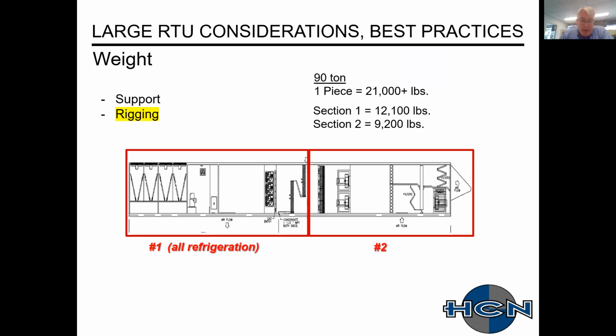The other advantage was that when you split the unit in this configuration, section 1 had all of our refrigerant piping factory installed, so we didn't have to do any splits in the field. And then a similar example on a 160-ton unit: you can see once again that splitting the unit from one piece into two reduces the weight of each section.